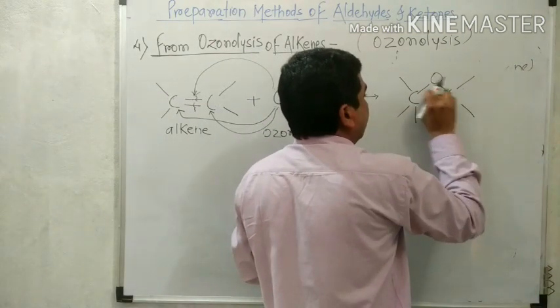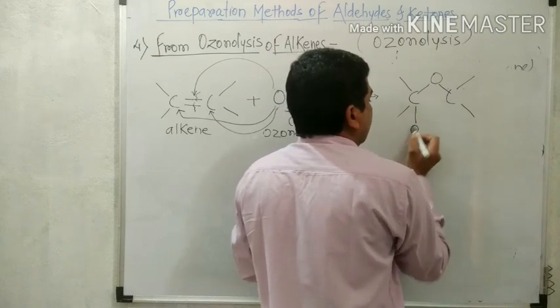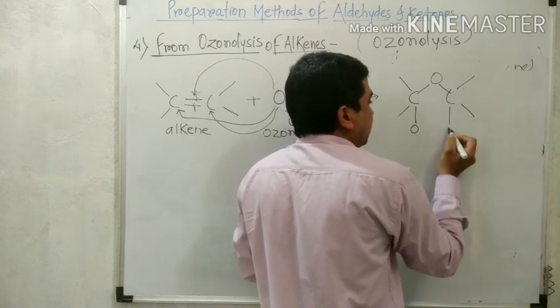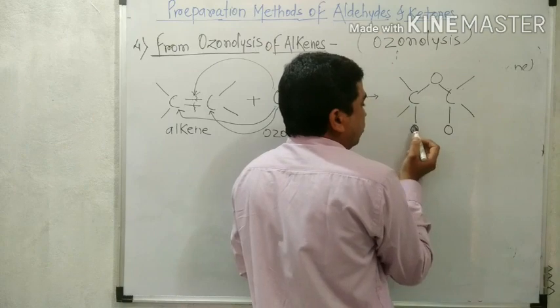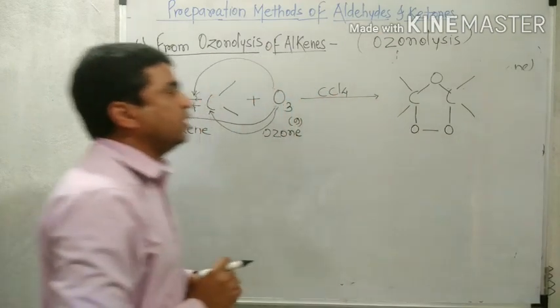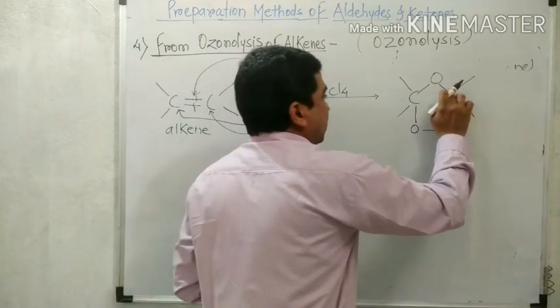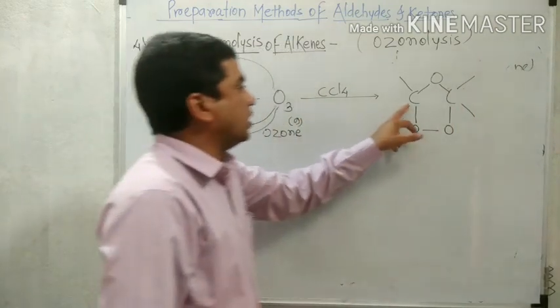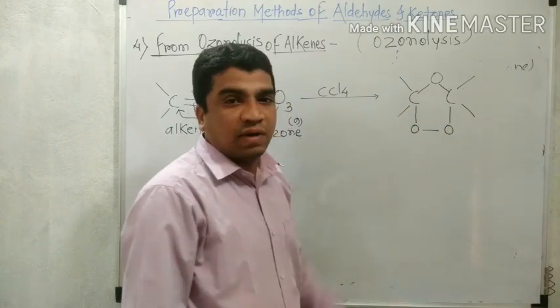So this bond also breaks. One oxygen atom is added to this carbon, another to this carbon, and due to the divalency of oxygen, they form single bonds again. So the structure obtained does not contain any bond between carbon and carbon.